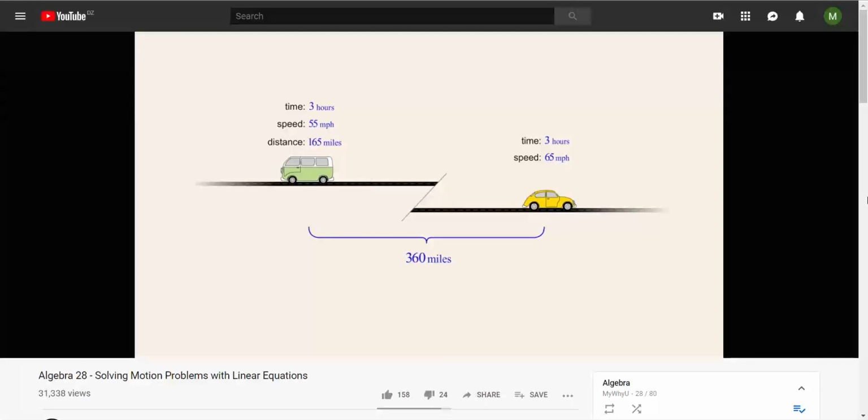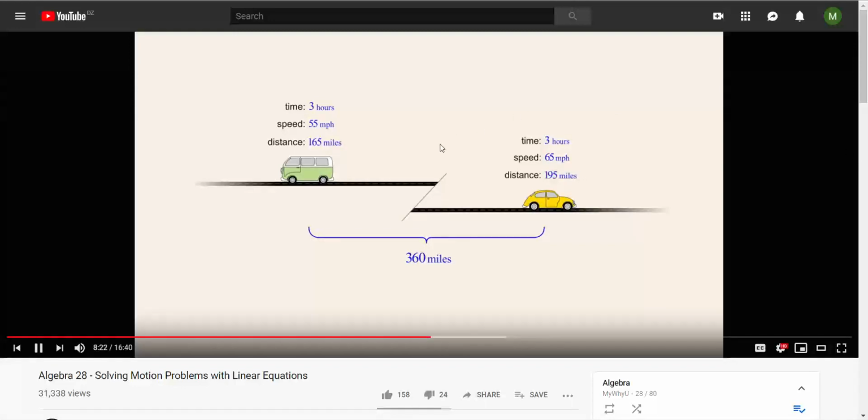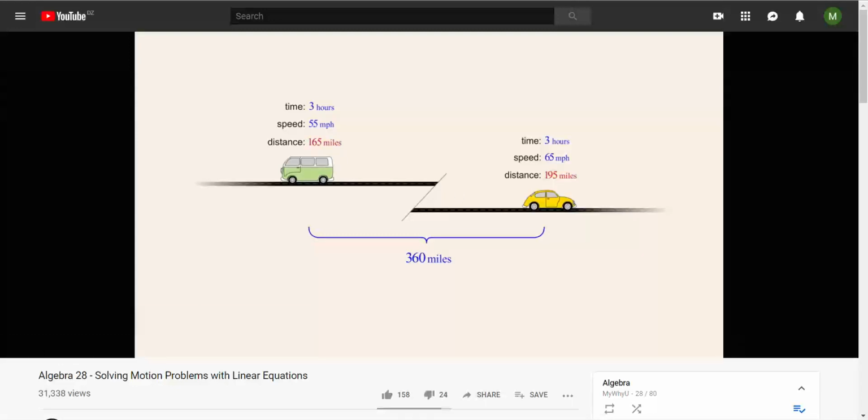And the distance traveled by the car is 3 times 65, or 195 miles. Since the sum of these two distances is indeed equal to 360 miles, we know that our calculations were correct.